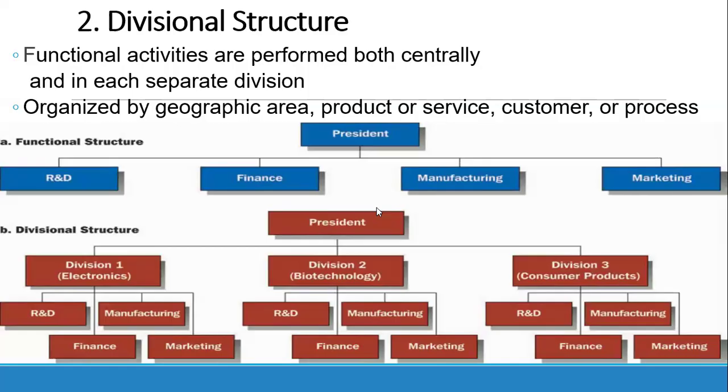And that makes practical sense, because the processes that one goes through to develop an electronic product, a biotechnology product, or a customer-related product is different. However, their maintenance can be very, very costly, especially when one of them is not pulling their weight to make ends meet. So those are some of the advantages and disadvantages.